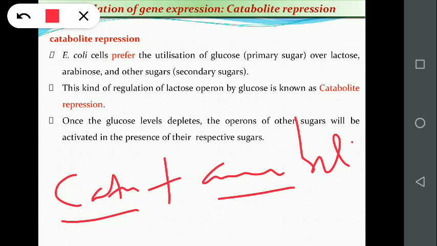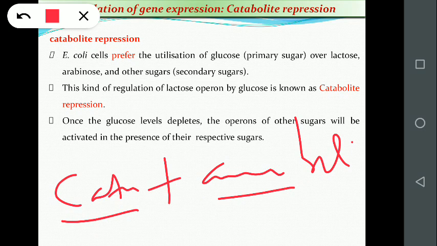So the sugars we add to the growth medium of the E. coli cell are known as catabolites. Suppose we take the already well-discussed example, lactose. Lactose is a catabolite, and if we add glucose, then glucose is also a catabolite.